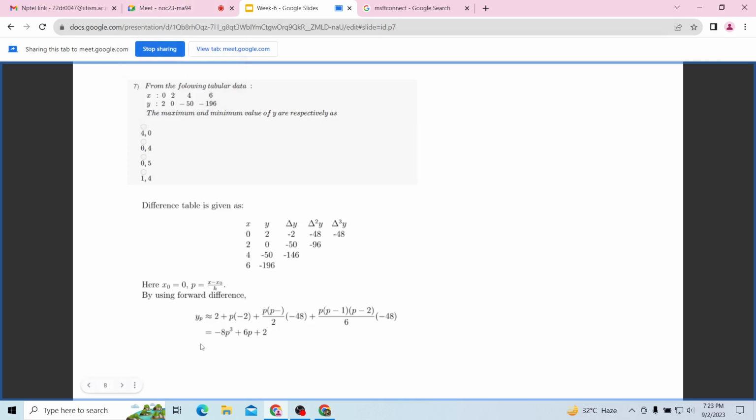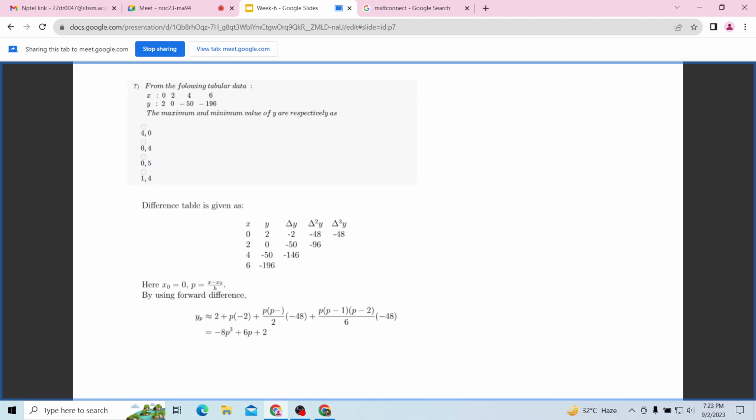Now once you have got yp, so for finding the maximum you need dy by dp, right? Sorry, dy by dx. Okay, we are representing it with yp. So once you have got dy by dx, then the maximum value of y will be at what?